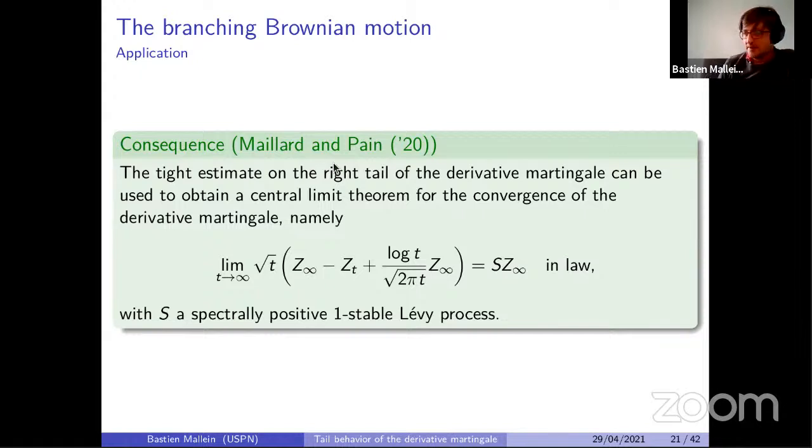And for example, Mallein and Pin showed a much more general result than this, but among others, they showed that if you look at the distance between the derivative martingale at time t and the derivative martingale D_infinity, then the convergence happens at speed root t, and you have to shift it a little bit by log t times D_infinity to get convergence toward a non-degenerate random variable, which will be D_infinity itself multiplied by the value at time 1 of a spectrally positive 1-stable Levy process, a Cauchy-like distribution.